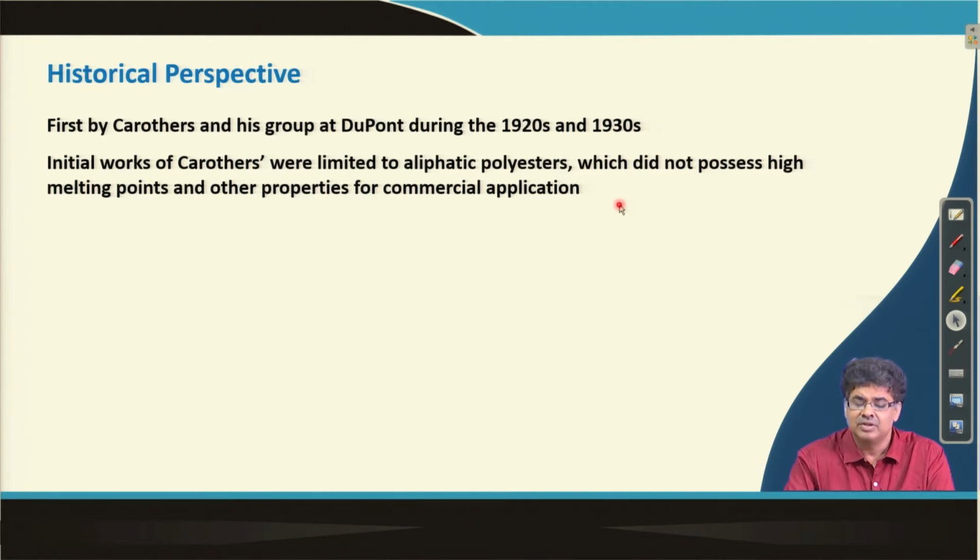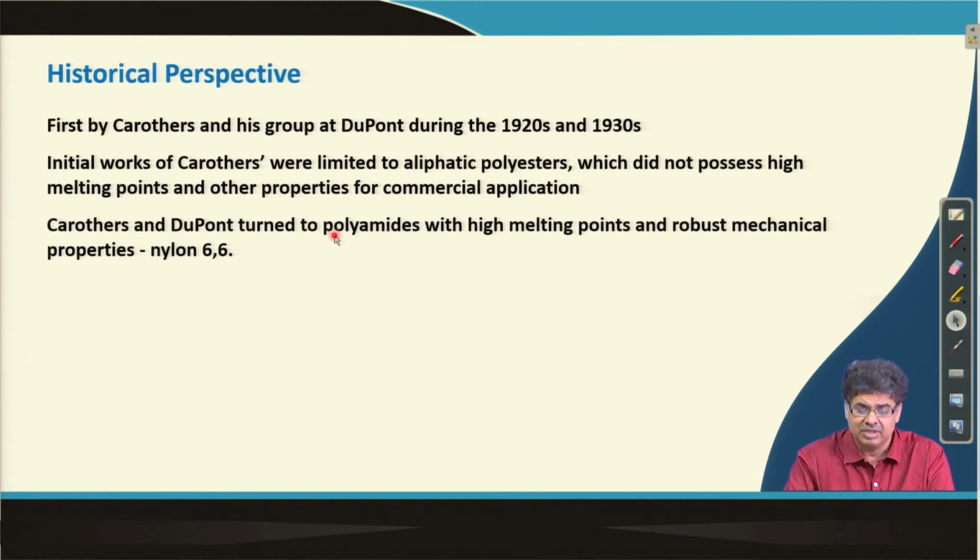They also synthesized aromatic polyesters of isophthalic acid and ethylene glycol, but those also did not have the required properties for commercial application. Hence, Carothers' team at DuPont moved to synthesize polyamides, which had a high melting point and robust mechanical properties for application.